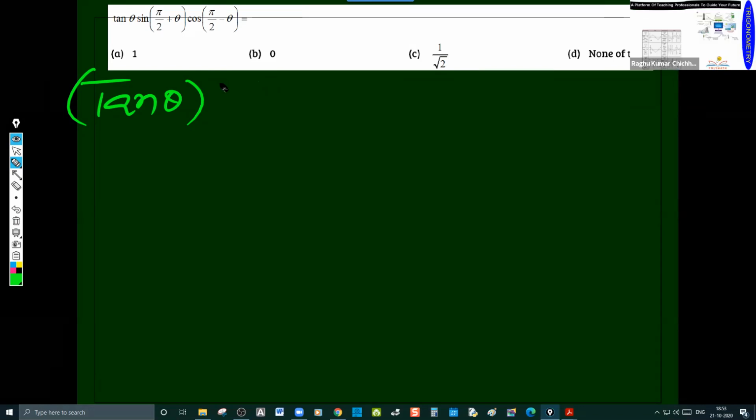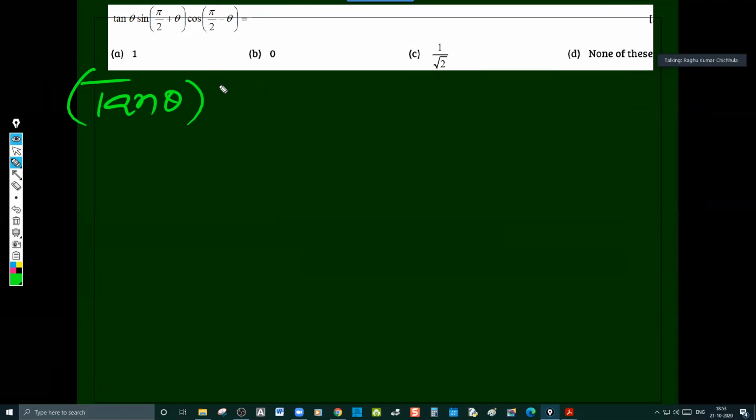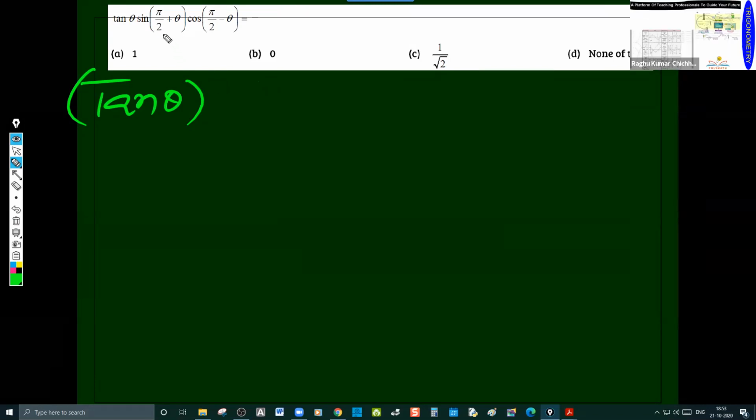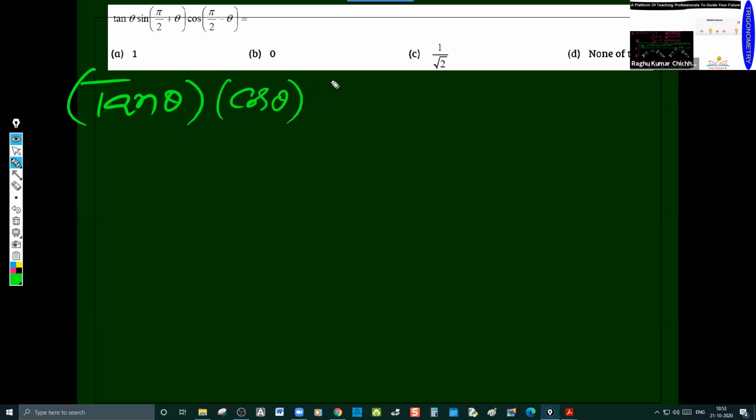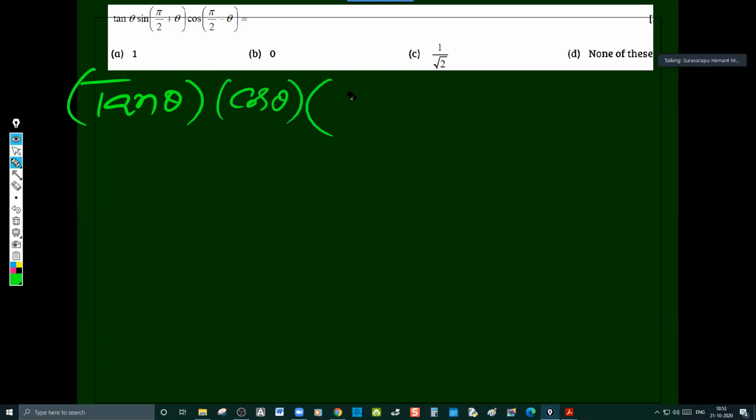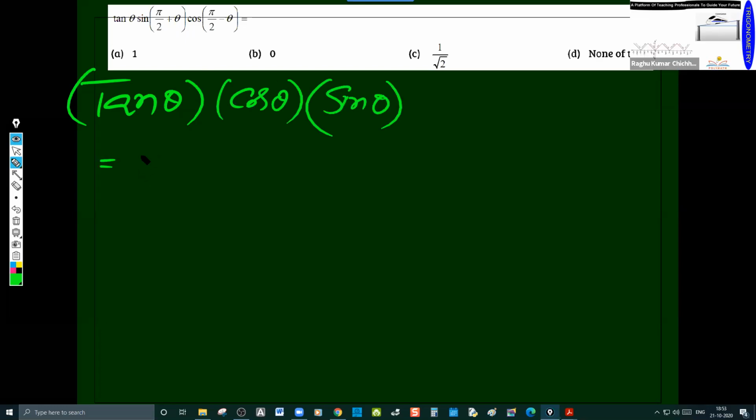Tell me, cos. Then you must be instantaneous in this one. Because it's the beginning, I'm giving you time, but you must be instantaneous. To be instantaneous, you must be thorough in those allied angles. So cos theta, positive. Correct. Next. Sin of 90 minus theta. Correct. Cos theta. Into sin theta.